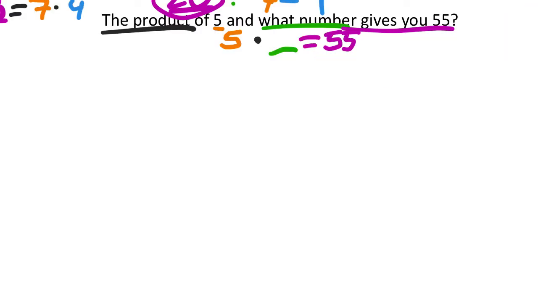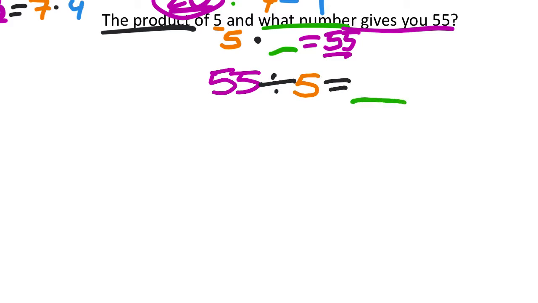So I'm going to change this into a division problem, and we know the product, the 55, is the dividend. So it's 55 divided by either one of those two factors right there. I'll just choose 5 to make this easy. And what I get from this division is the quotient. That is the missing number.